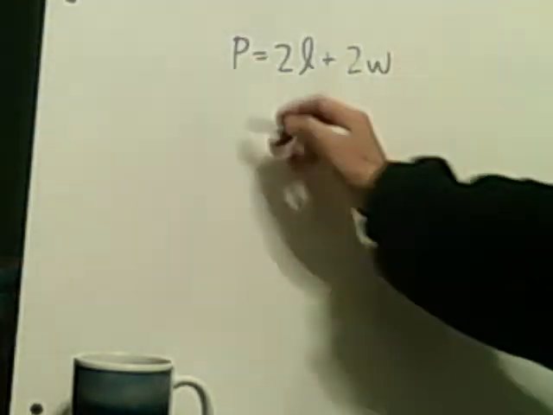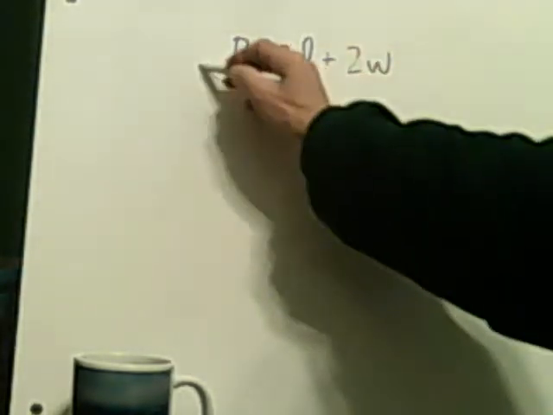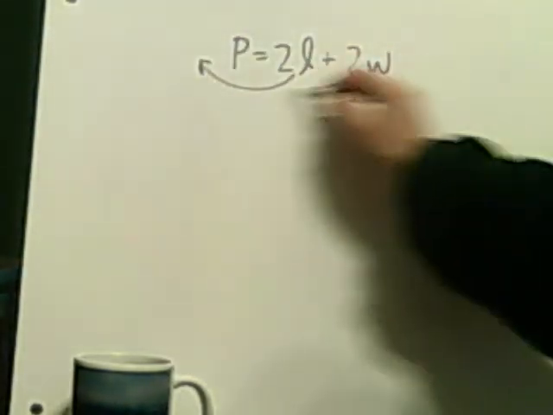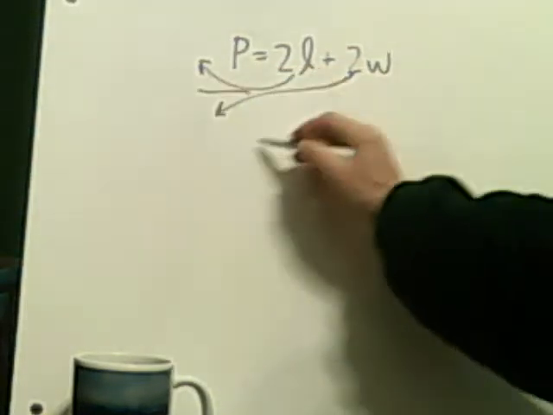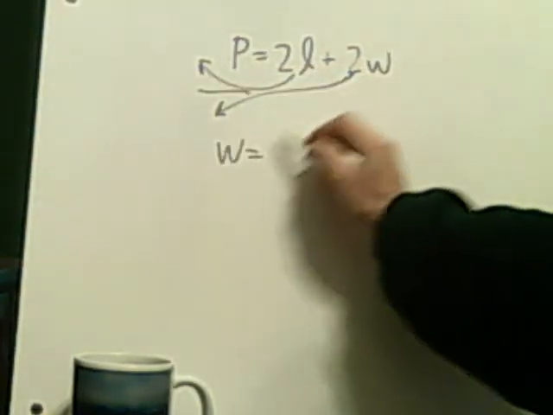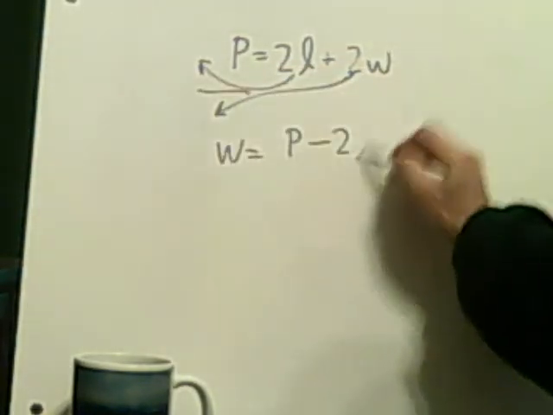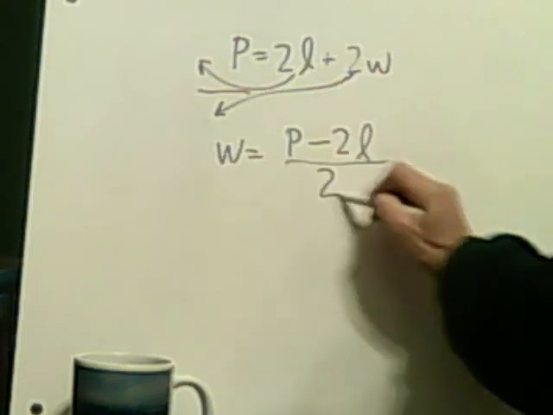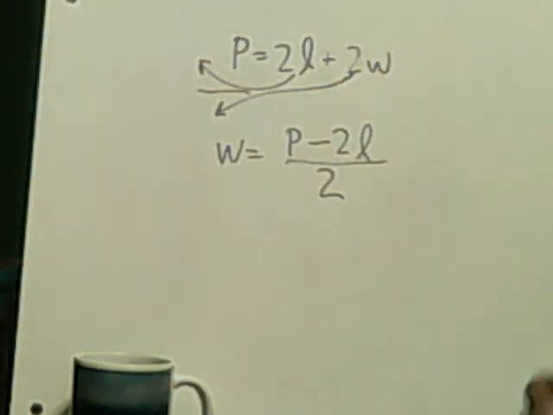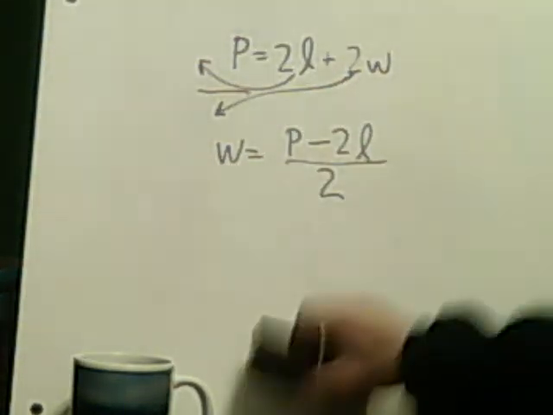They want us to solve for W. So we're going to move the 2L to the other side. We're going to take a 2 and put it down to the bottom. And we're going to end up with W equals P minus 2L. Then we're going to divide by 2. Okay? There we go. That's number 10.